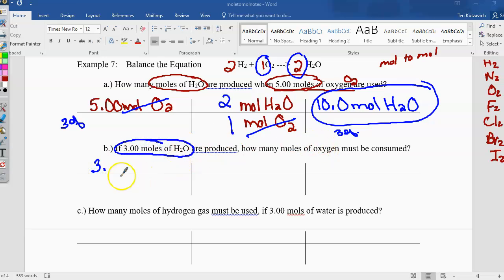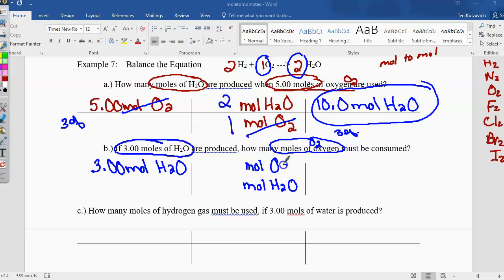This one, I'm given 3 moles of water, and we're looking for moles of oxygen. Again, oxygen is your diatomic. What unit has to go on the bottom to cancel? Your moles of water. What's going to go up top? Moles of O2.